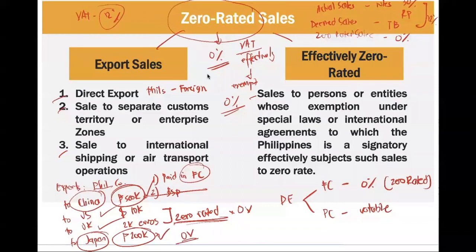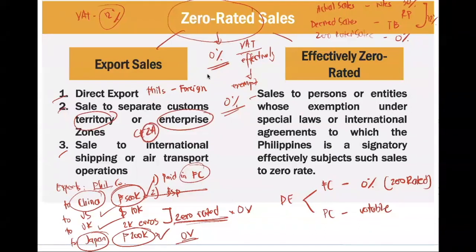So export, next, sale to separate customs territory or enterprise zone. If you sold to a separate customs territory or a tourism enterprise zone such as your PEZA, SEZA, we have in Baguio, right? What do you call that in Baguio already? In Burnham? Basta, we have in Baguio. So if ever your sale is to a customs territory or an enterprise zone, basta meron kayong makita ng SEZA, yung may mga SAZA, ganun.